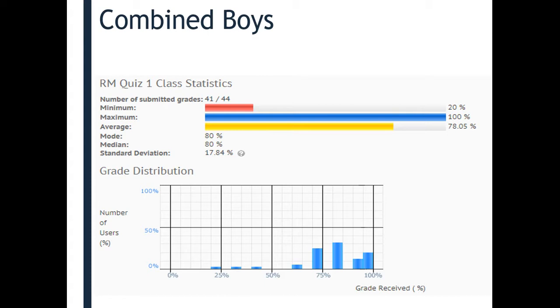They have got less than 25% grade, and the highest is 100%. But compared to the girls, you can see that the students who received 100% are much less. Most of them are in the range of 75 to 85%. And you can see the mode, median, standard deviation. This we will discuss later.